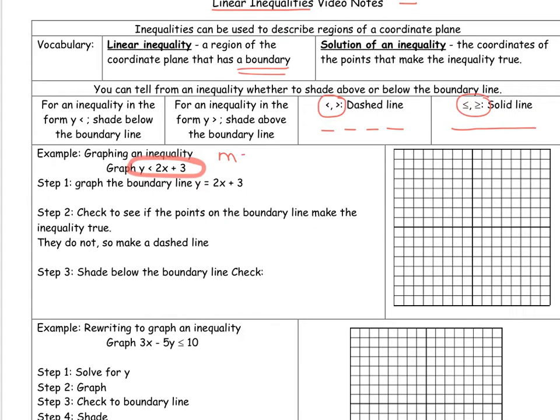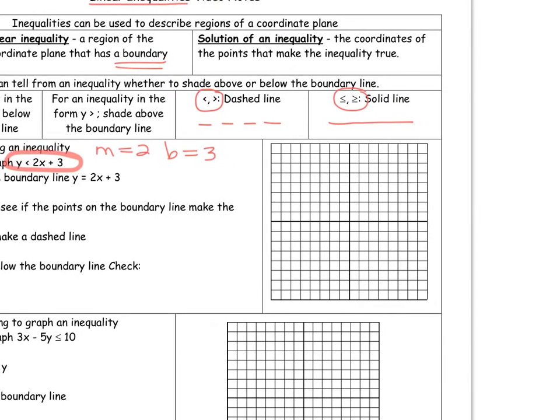Use the slope of 2 and the y-intercept of 3 to graph the equation. The only difference between the inequality and the equation is what the line looks like. So we're going to graph the y-intercept at positive 3, and we're going to use the slope to find more points. The slope is 2, so it's up 2 and over 1. We can also go in the opposite direction, down 2 and to the left 1.